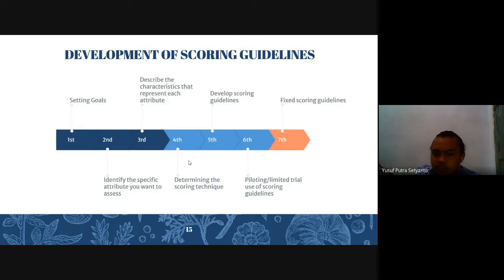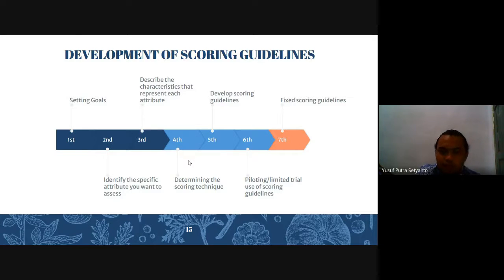Okay, the fourth step is determining the scoring technique. In order for the score obtained to describe the measured attribute well, you must determine the appropriate scoring technique. You can choose one, for example, analytical or holistic, like that.